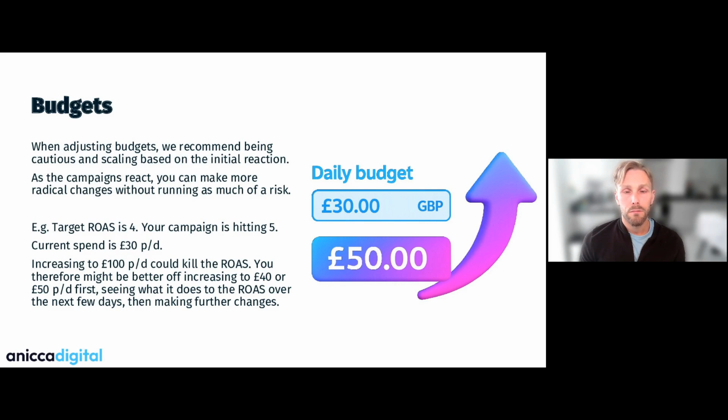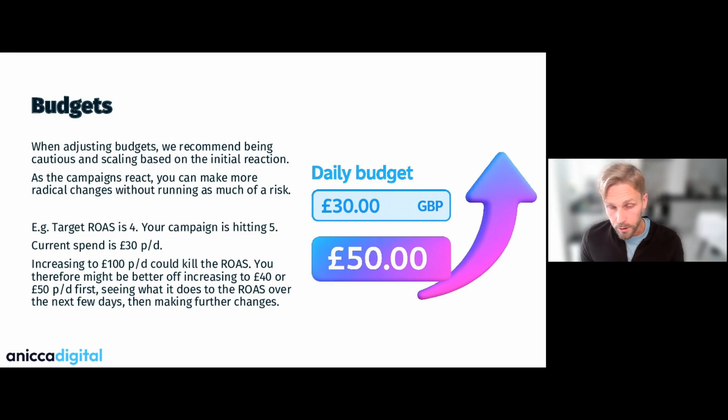So we recommend increasing bit by bit and then seeing what the reaction is. For example, say you've got a ROAS target of 4, and at the moment it's hitting 5. You're spending £30 per day.